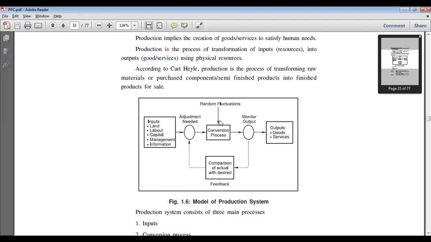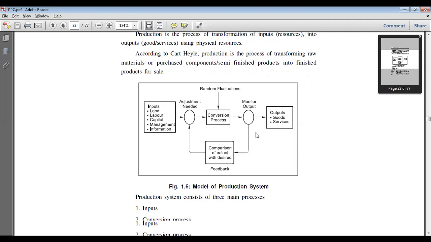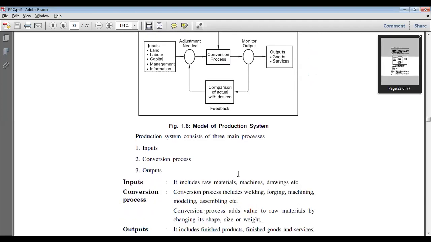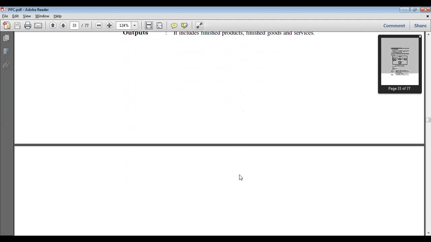Random fluctuations are absorbed and controlled by a good planner. Adjustment needed is the buffer, and monitor output is the basic control of production planning. Inputs, conversion process, and outputs we can define.